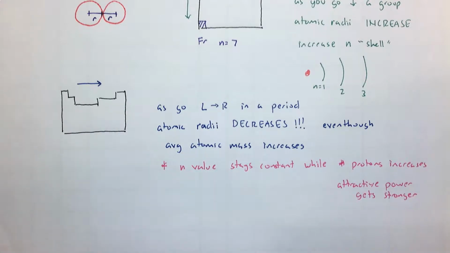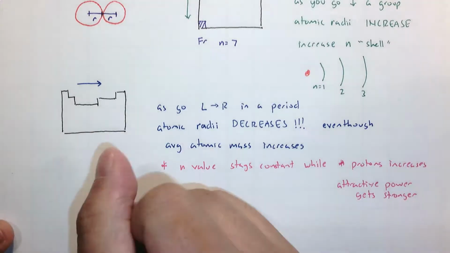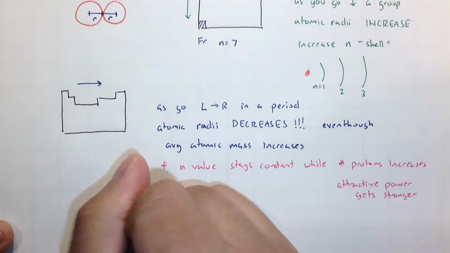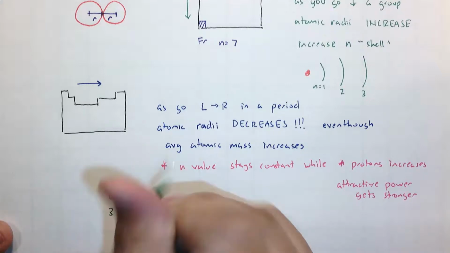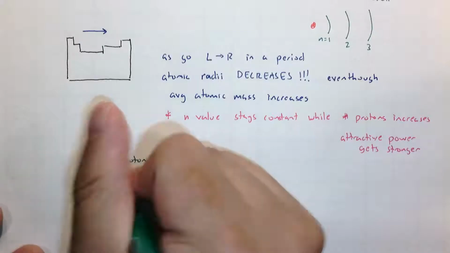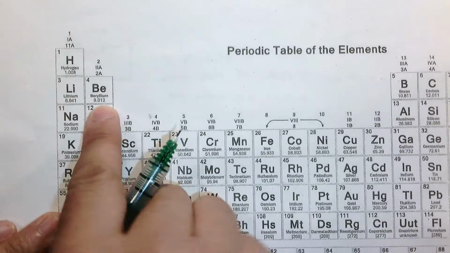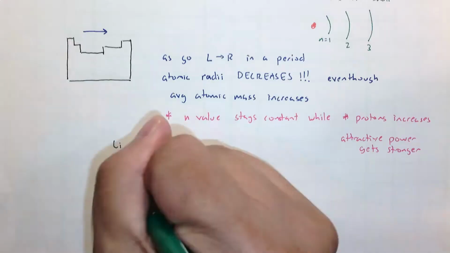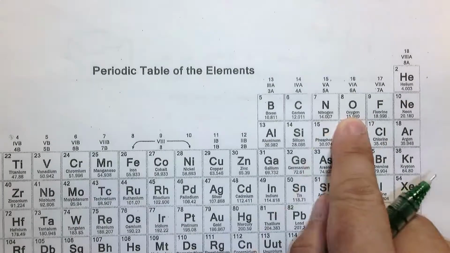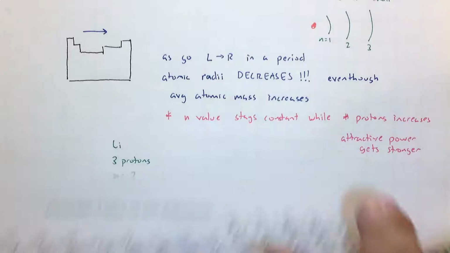For instance, let me pick up two elements. Lithium has 3 protons, but the n value, from the periodic table, is still 2. It's in the second row. So n value equals 2. But if we stay in the same period and pick up something like oxygen, oxygen has 8 protons.